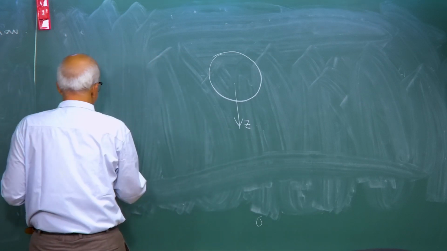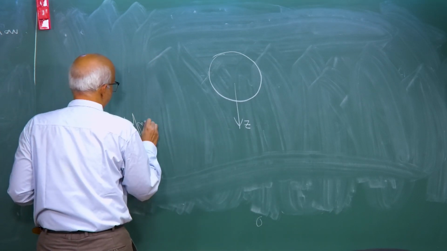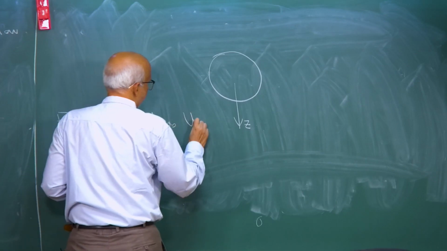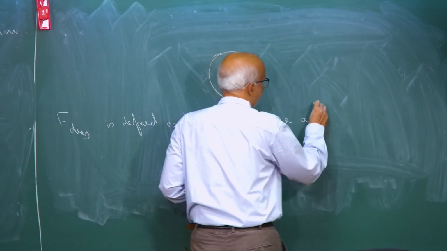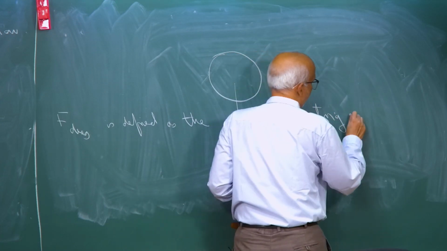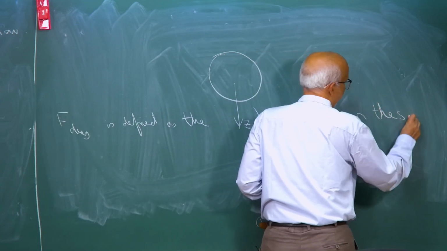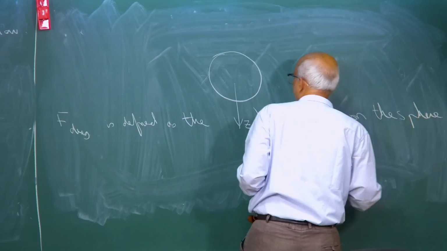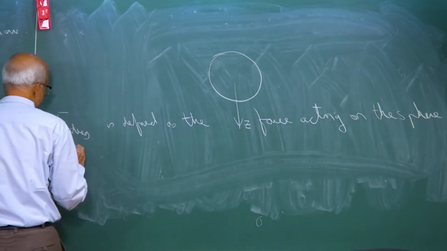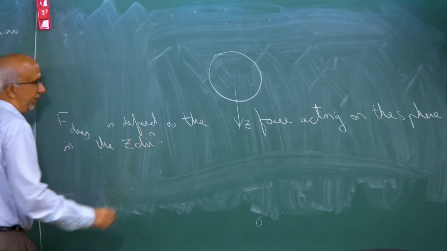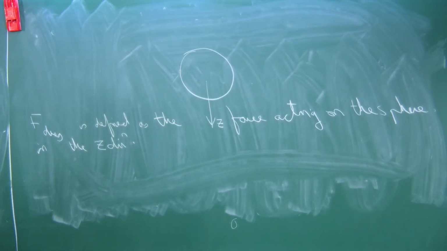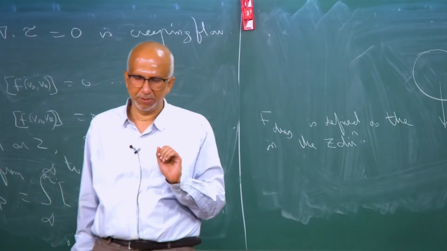F drag is defined as the force acting on the sphere in the Z direction, because that is the drag force, okay. Because force is a vector, I am only interested in the component which is in the direction of the flow, that is the definition.